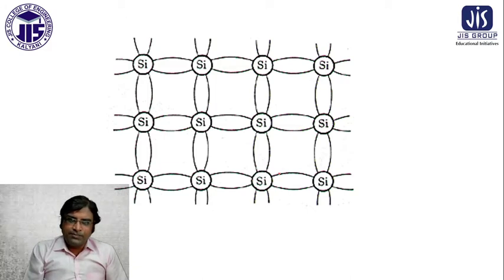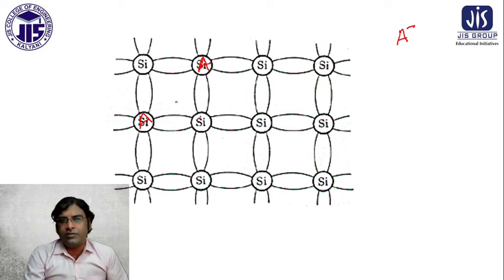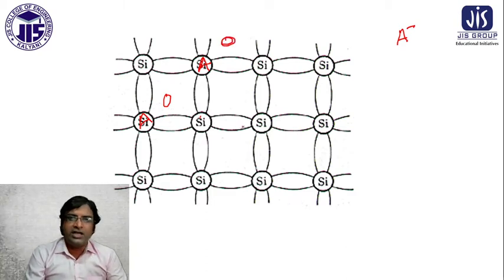So suppose it is the PN junction, and suppose it is the P-type material. If it is P-type material, what happened? I am doping by aluminum, and by the aluminum some holes are generated.